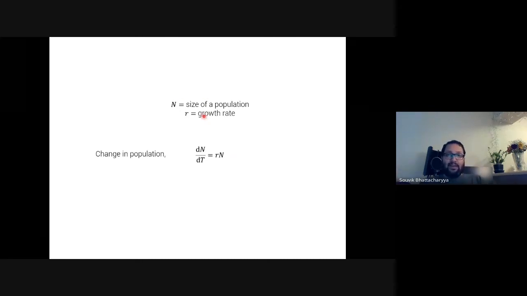Generally, N and r, if the environment does not change and there are no drastic events happening, due to evolution, r remains relatively constant and the population itself tries to achieve an equilibrium where N is very stable.